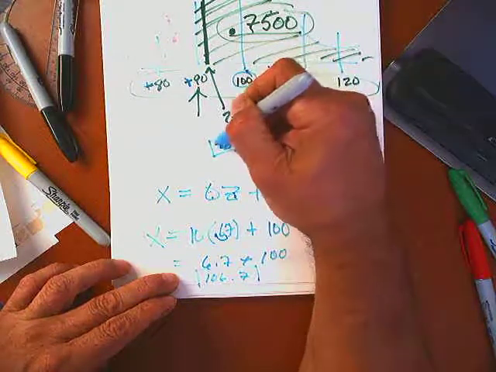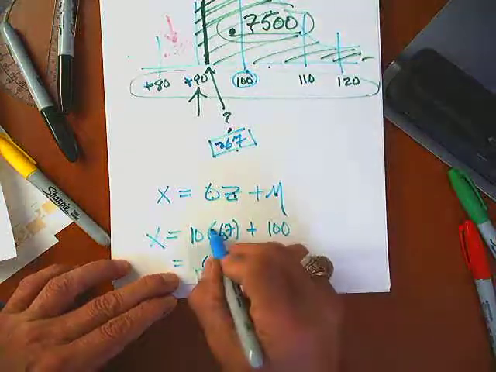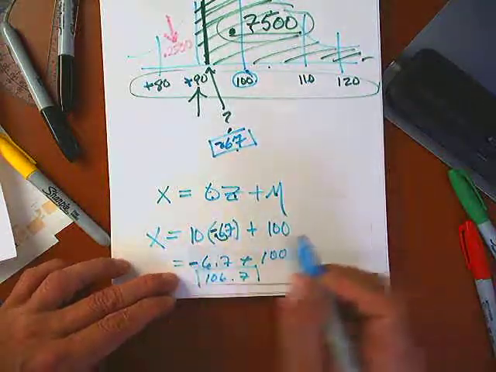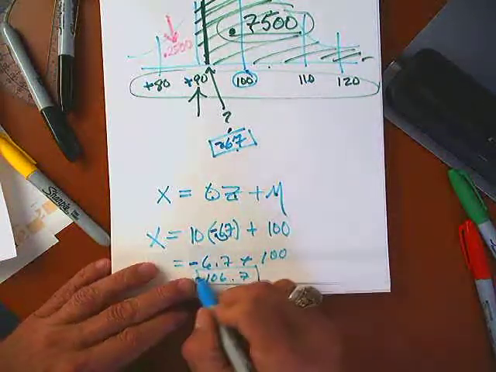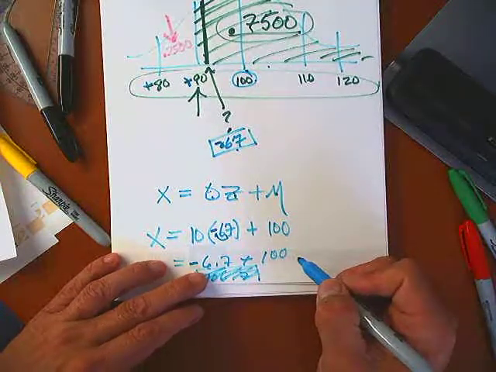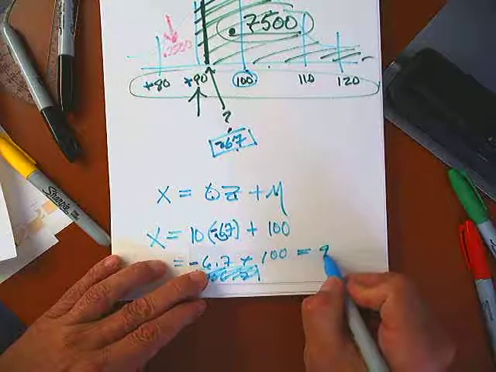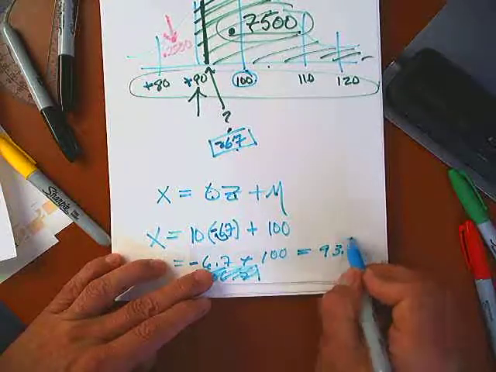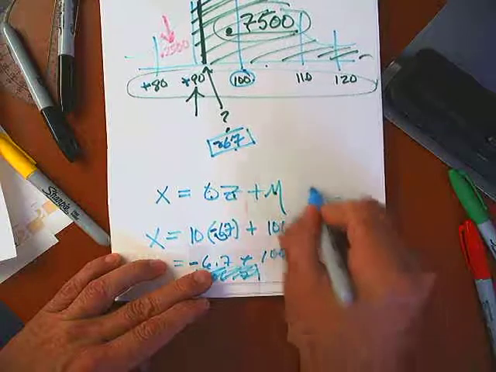This is your standard deviation, this is your z-score, and this is your mean. Your mean is right there, 100. Z-score is 0.67. Your standard deviation is 10. And now you just do the math.